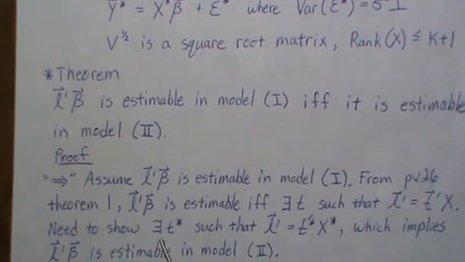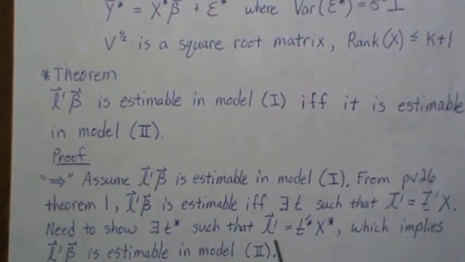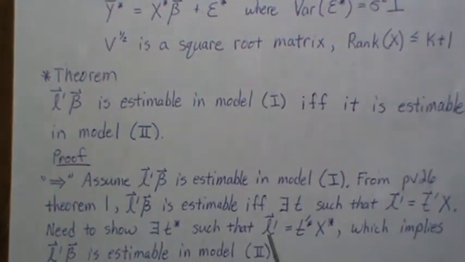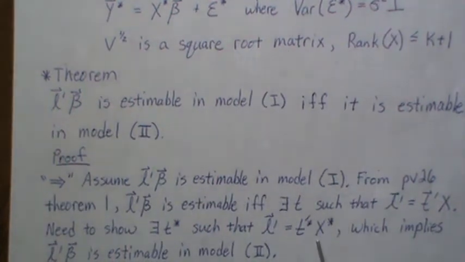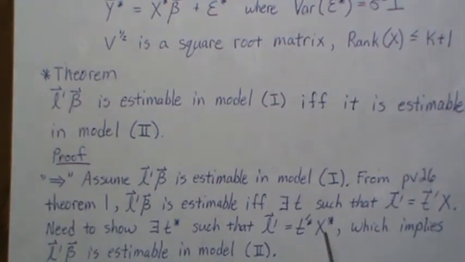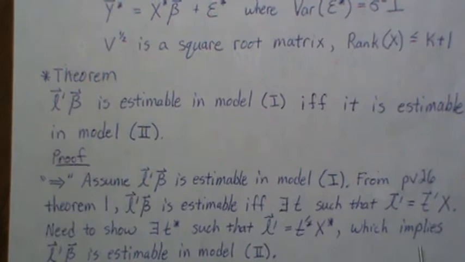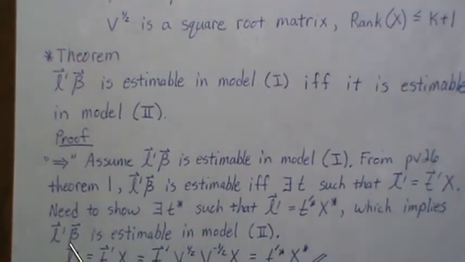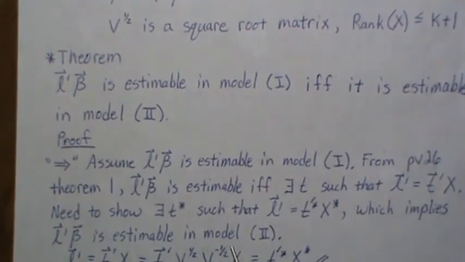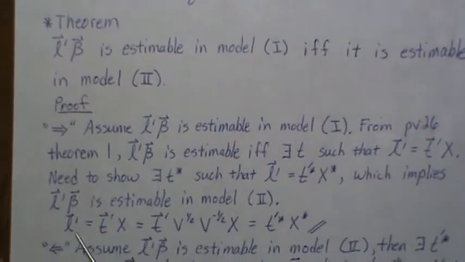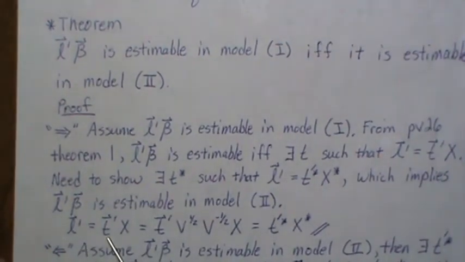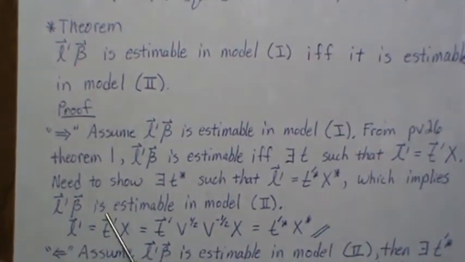So we need to show that there exists a t star such that this vector L can be represented as a linear combination of the rows of X star. This would imply that this linear combination of the betas is estimable in model 2. So L prime is t prime X because it's estimable in model 1.